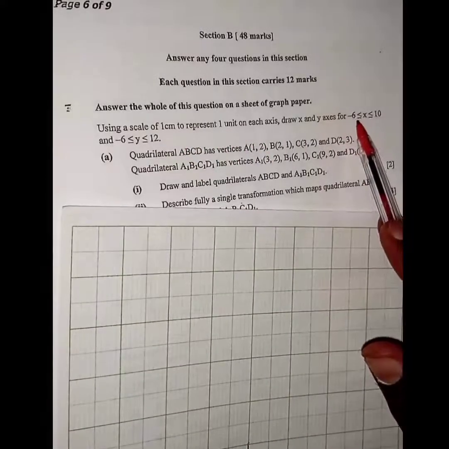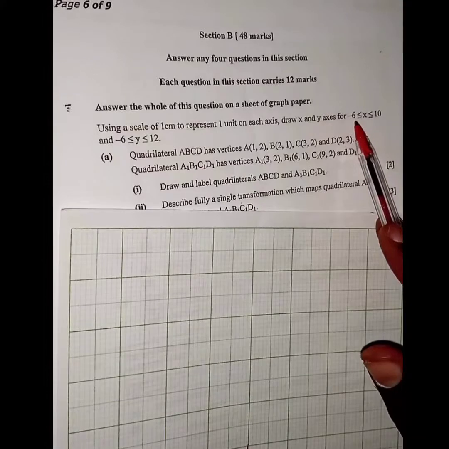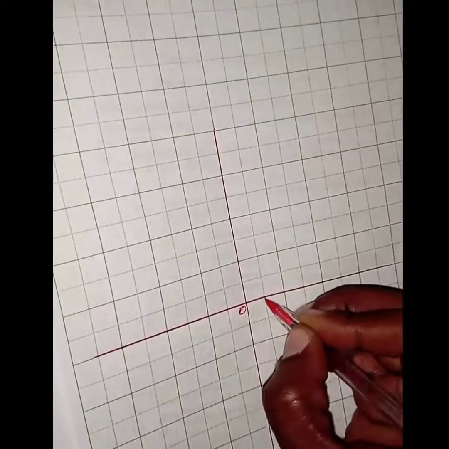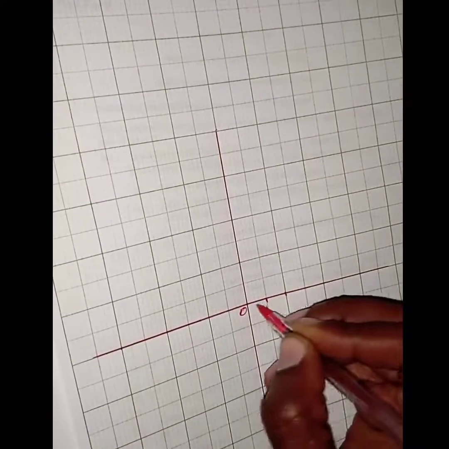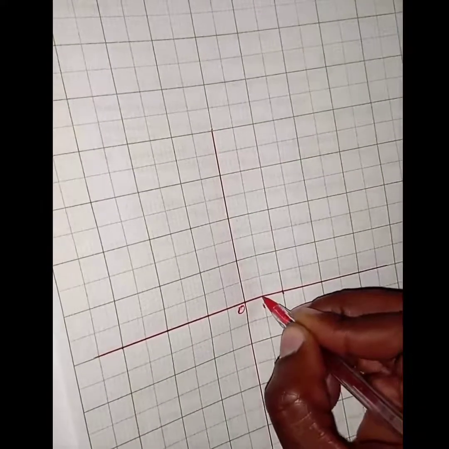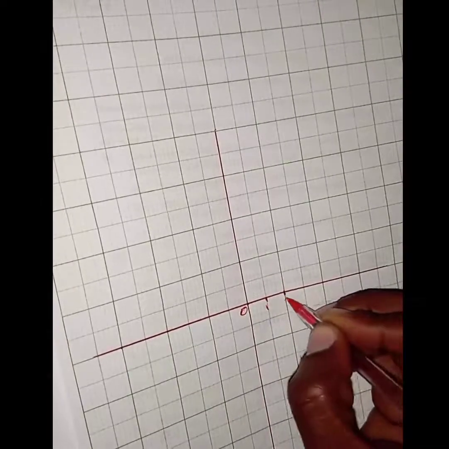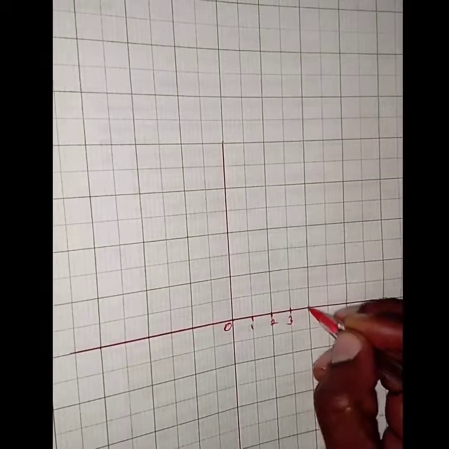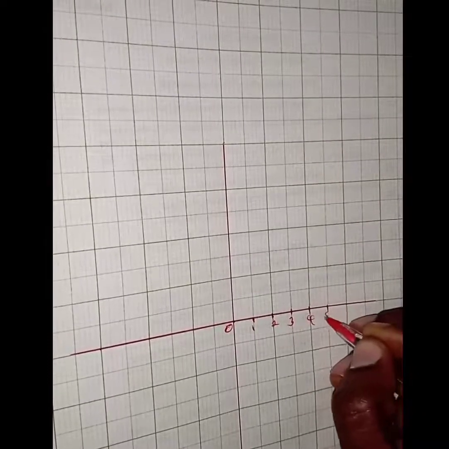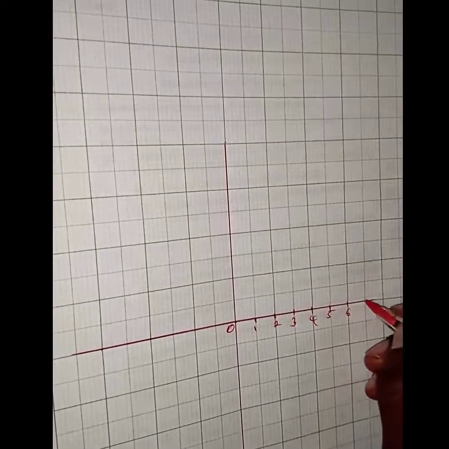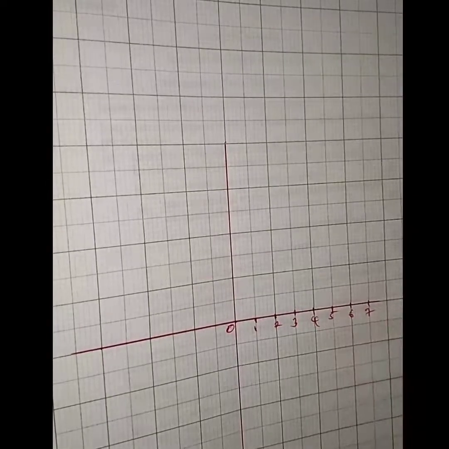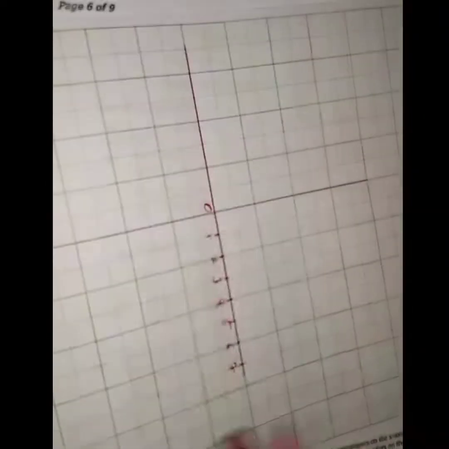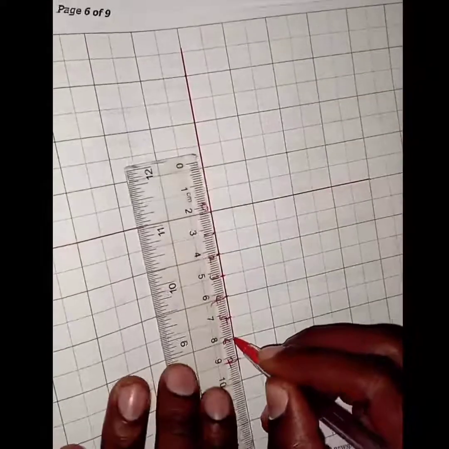Then for the x-axis, it will start from -6 on the negative part to +10. So here we have 1. This is 1 centimeter to represent 1 unit. So go like 1, 2, 3, 4, 5, 6, 7. Must go up to 10 according to the rules.